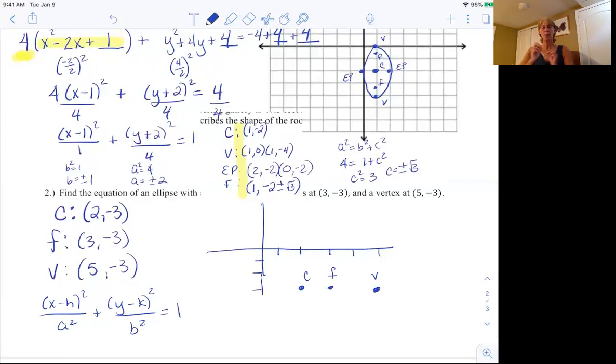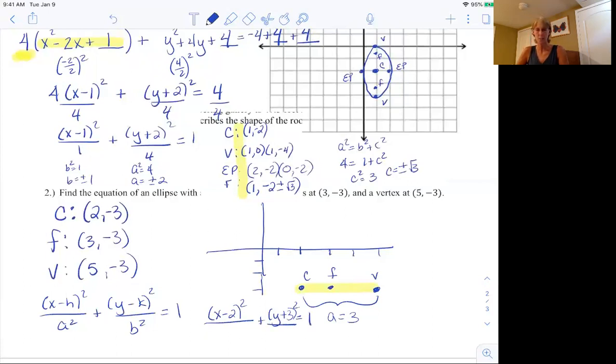And now I'm going to find my values and plug in. Well, a is the distance from the center to the vertex. So my a value is 1, 2, 3. And my center, so I could plug this in right away: x minus 2 squared plus y plus 3 squared equals 1.